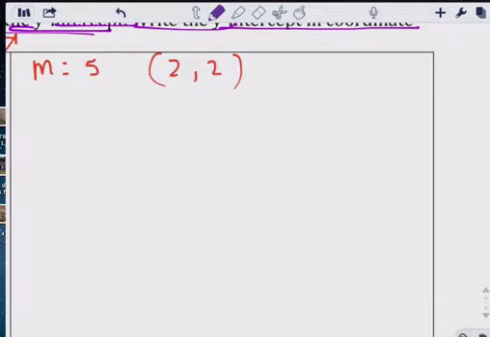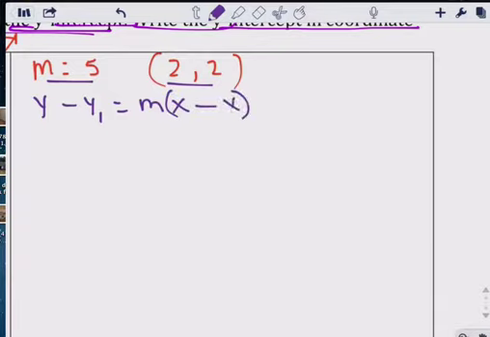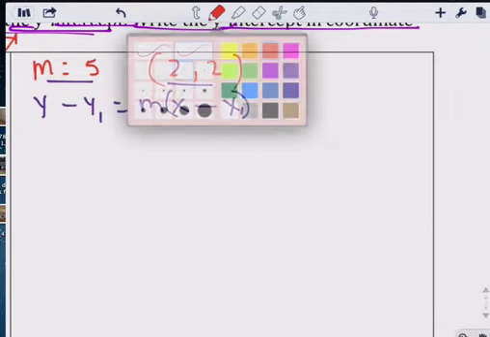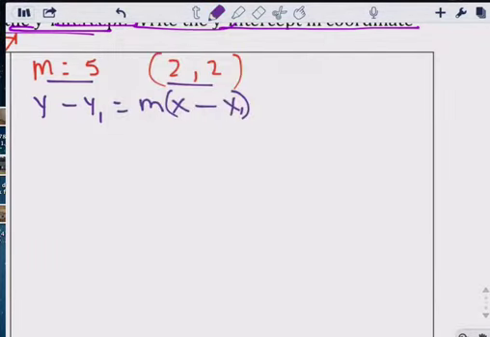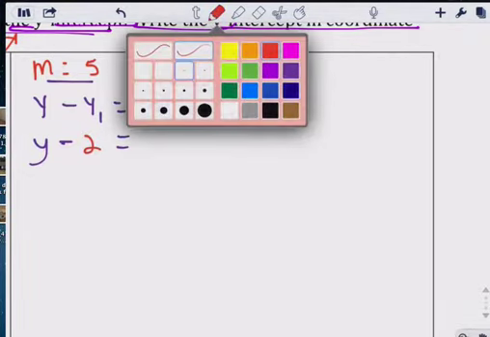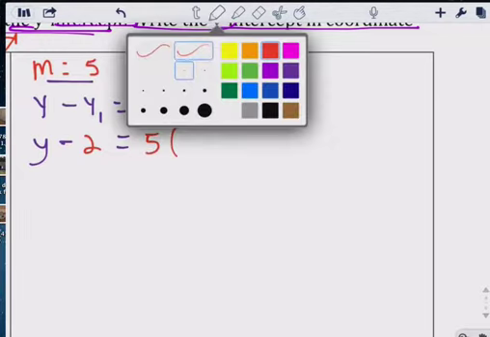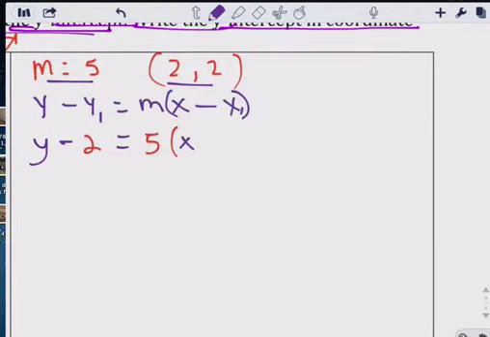So we know there's a point, and then a slope. We're going to use that point formula. Y minus y1 equals m times x minus x1. Okay? So we have y minus 2 equals m, which is 5, times x minus x1, which is 2.